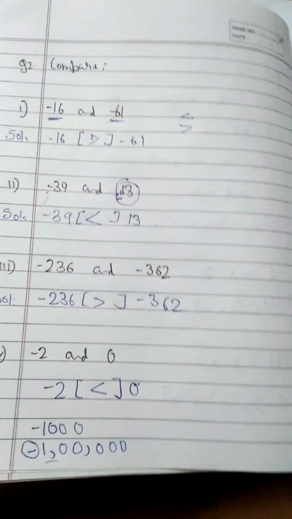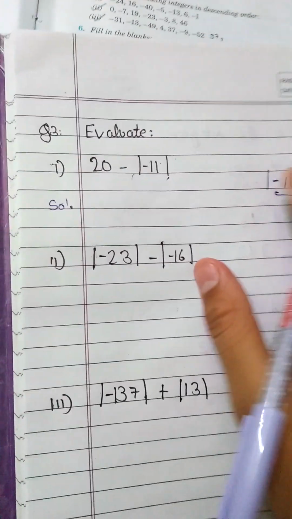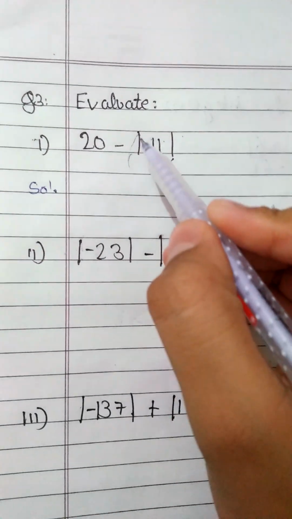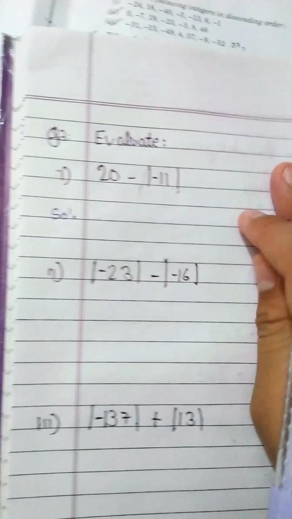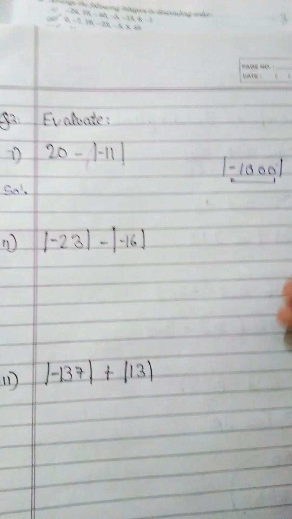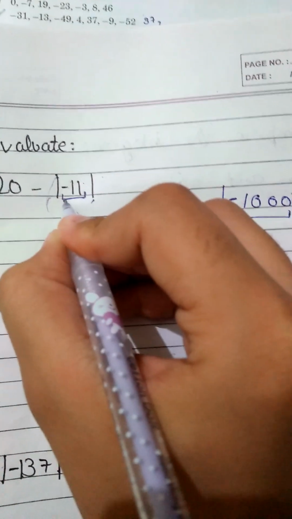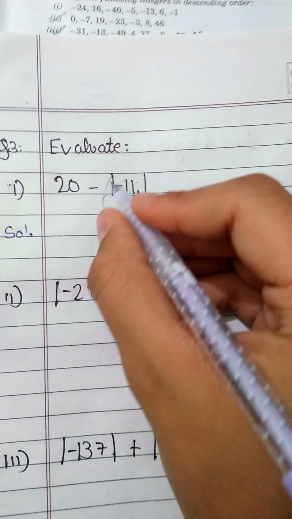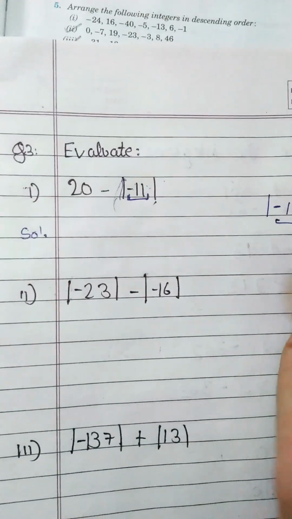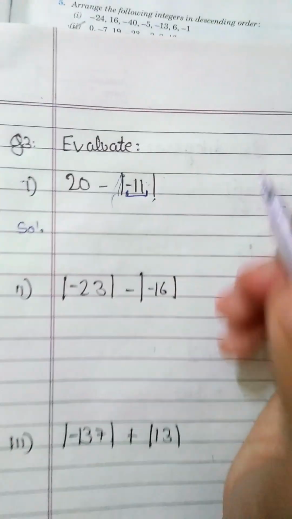So let's begin with the third question, that is evaluate. You are all thinking about these two brackets. For your kind information, the digits that fall between these brackets are called the absolute value, and the brackets are called modulus.